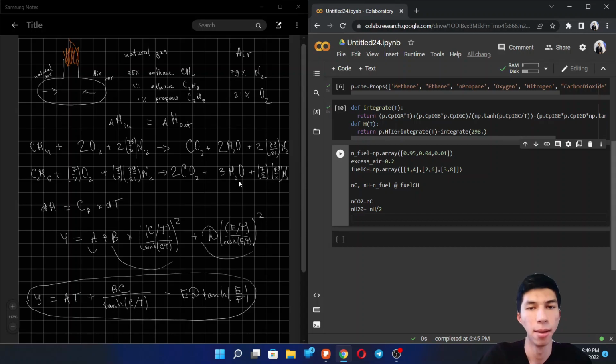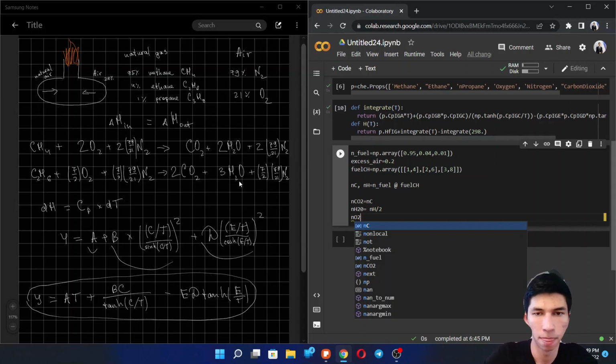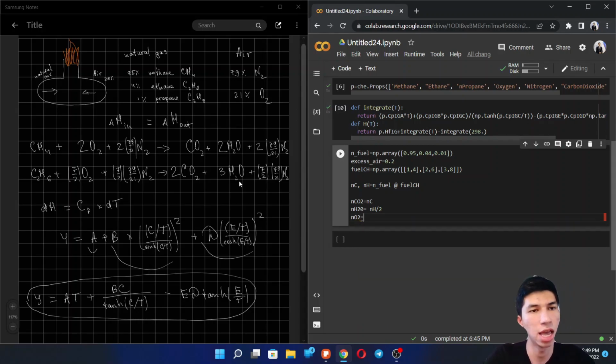So the next thing is the oxygen, right? The oxygen is going to depend on the mole of water. So it's going to be the amount of water divided by 2 plus the mole of carbon dioxide, because that's the number of oxygens we have here.